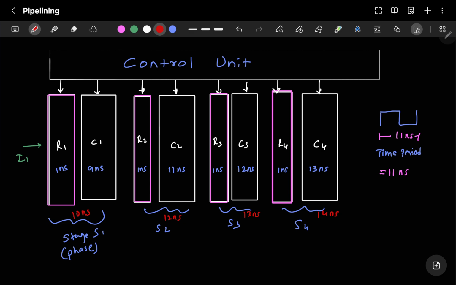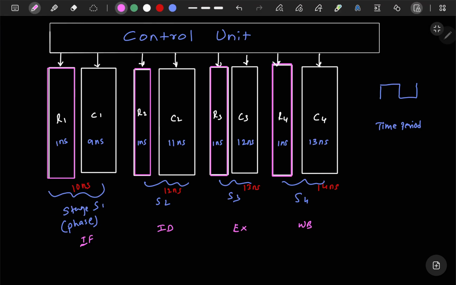Now you will observe one problem here. To understand this, assume that at phase 2, I1 is processing, and at phase 1, that means stage 1, I2 is processing.